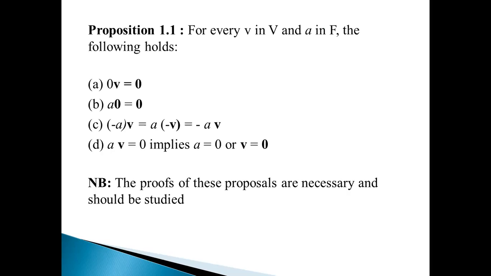A scalar times the 0 vector gives you the 0 vector. Minus a times v is the same as a times minus v, which is also the same as minus (a times v). Remember, a is a scalar and v is a vector. Lastly, if a times v is 0, then either a equals 0 or v is the 0 vector.